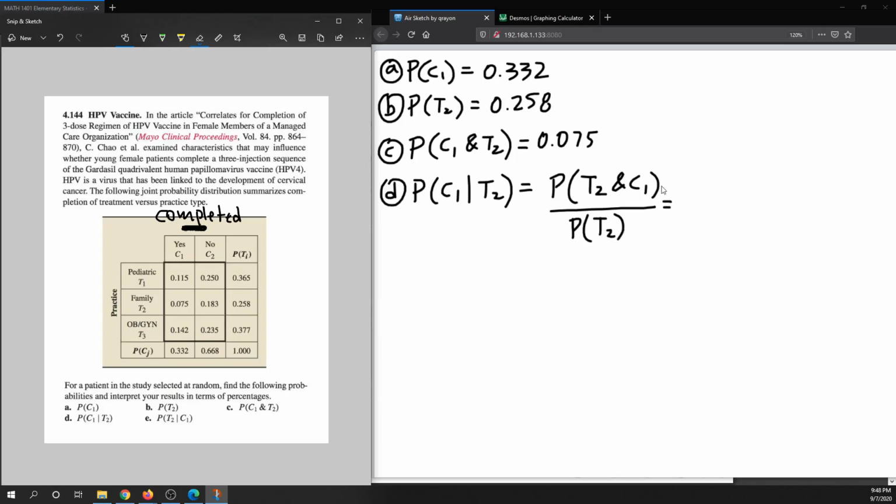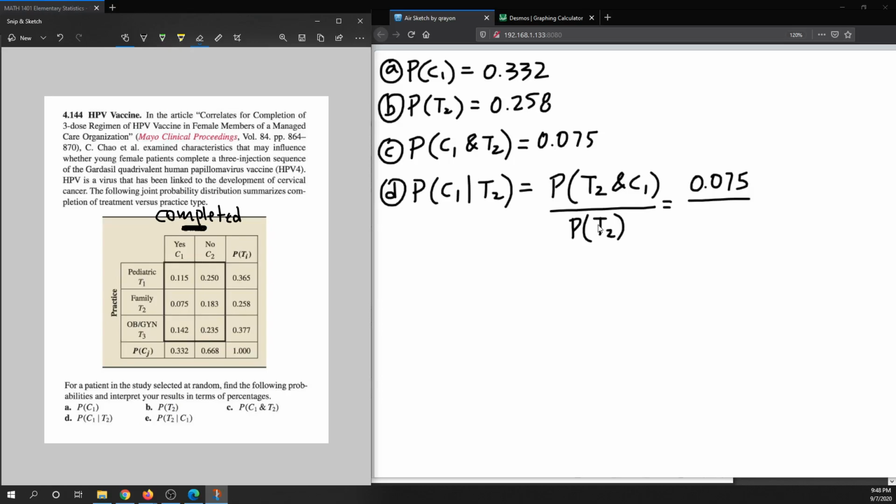All right, well, we have already calculated those things, right? The event T2 and C1 is the same as C1 and T2, right? It's what they have in common, so it doesn't matter which one comes first. So we've calculated that probability up here in part C.